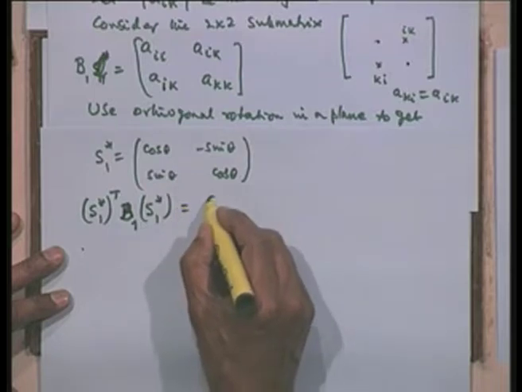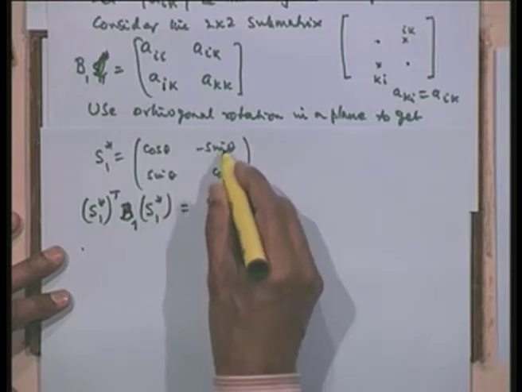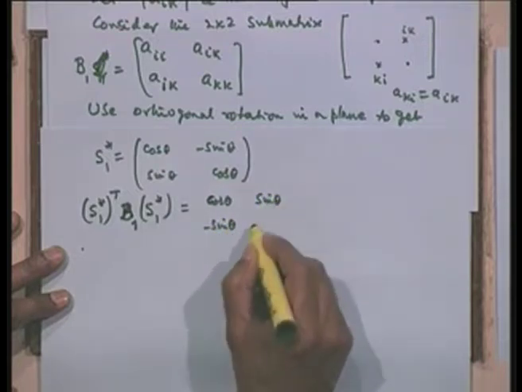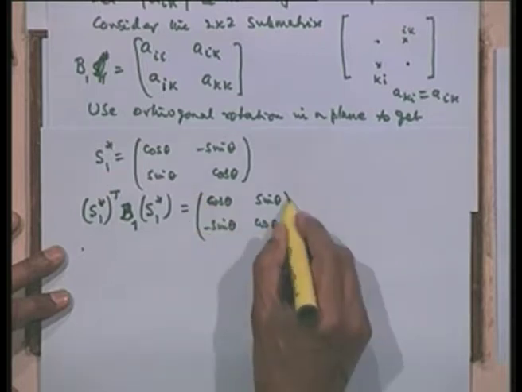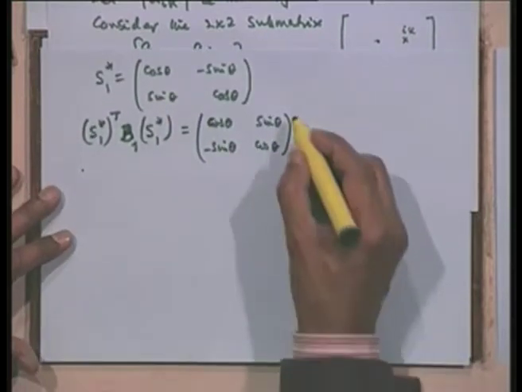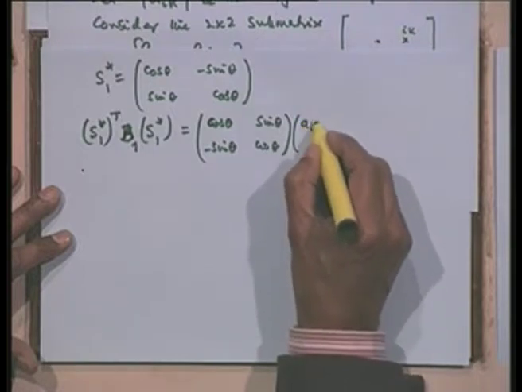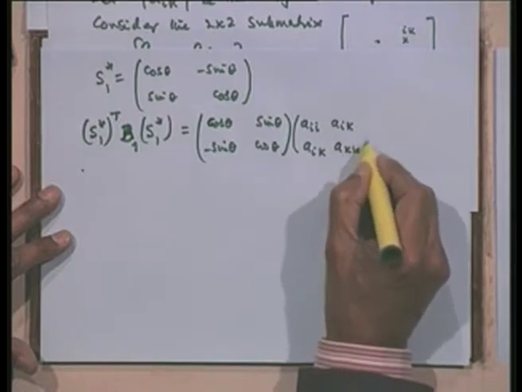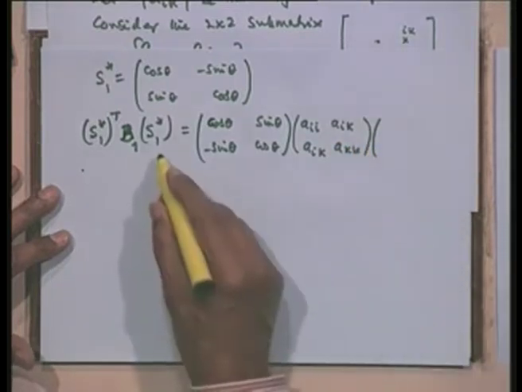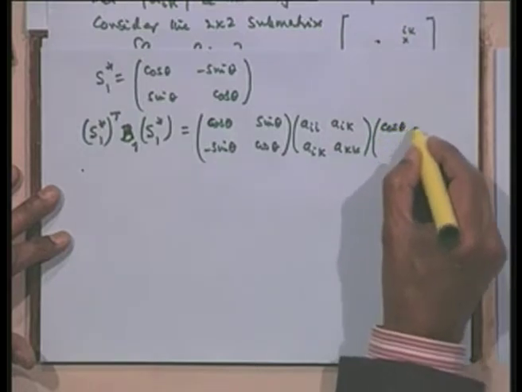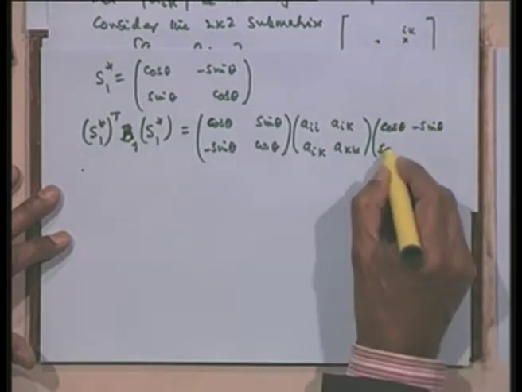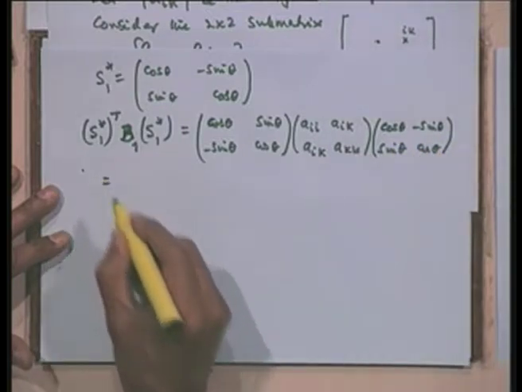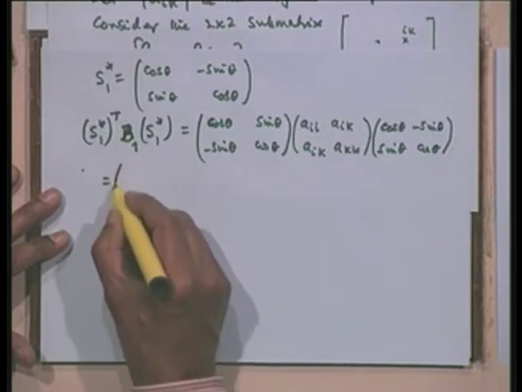Now this will be cos theta, I am taking the transpose of this, minus sin theta, sin theta, cos theta, that is the transpose of this matrix, multiplied by B1, Aii, Aik, Aik, Akk, into S1 star, cos theta, minus sin theta, sin theta, cos theta. Now let us multiply it out.